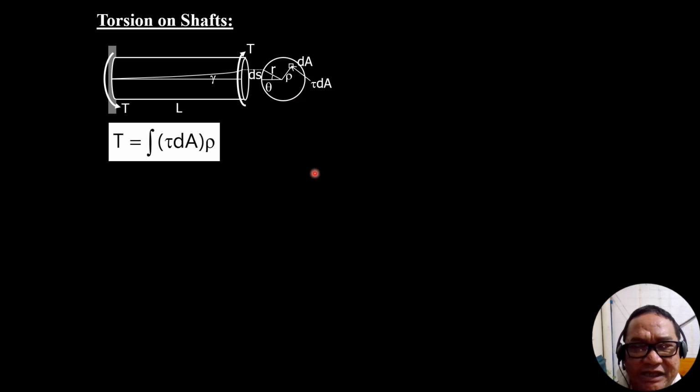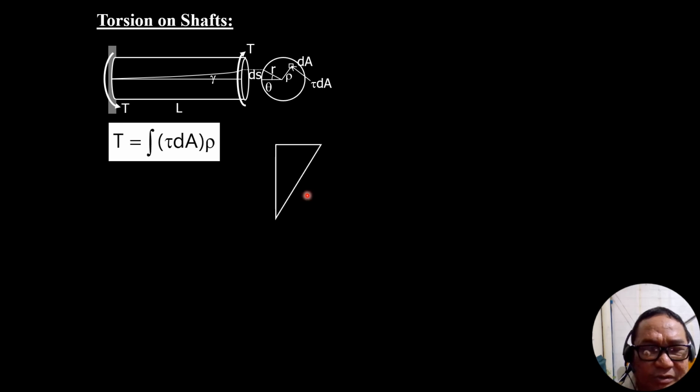So rearranging and noting that the shear stress distribution is linear, zero at the center because there's no moment arm there, and maximum at the outer fiber of the circular shaft. Because of that idea, we have to apply similar triangles as shown.